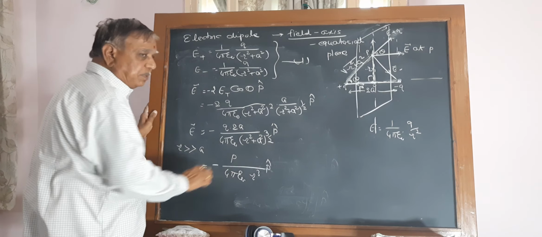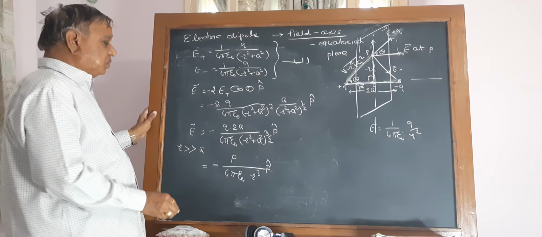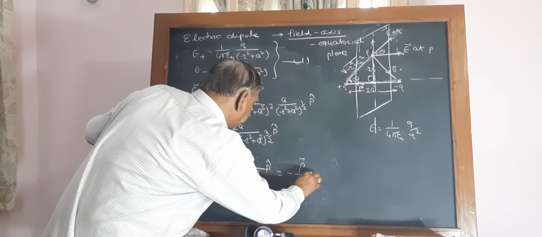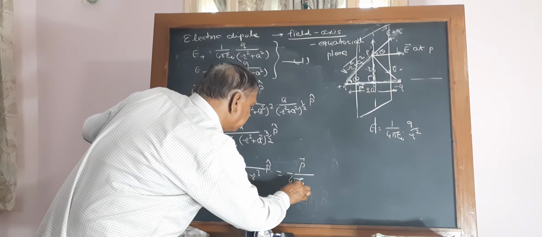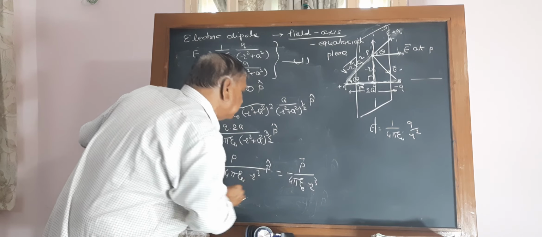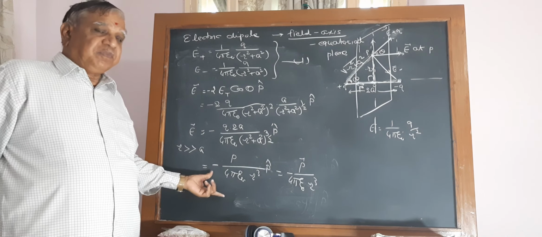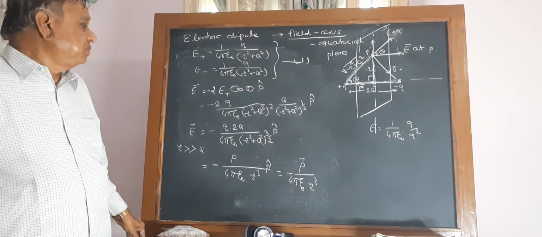P and P caret both have the same direction. Also we can write in this way, minus P vector upon 4 pi epsilon 0 R cube. Now this is also correct for a point dipole.